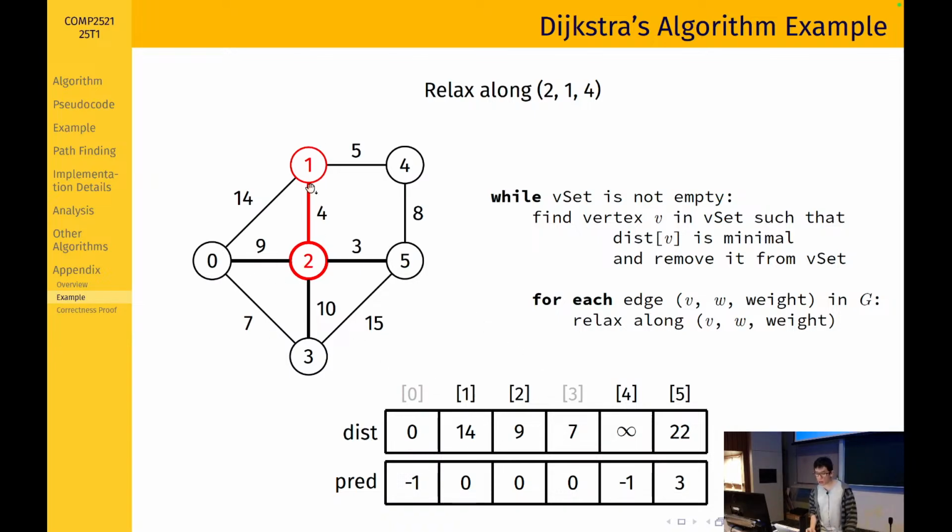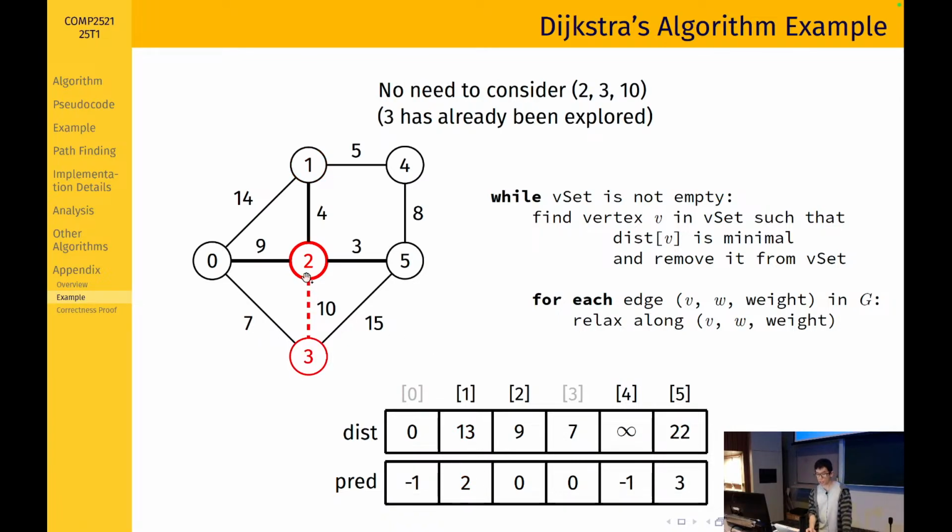This new path costs 13, because the path from 0 to 2 costs 9, and the edge from 2 to 1 costs 4. So the cost of this new path is 13, which is smaller than 14. So what we're going to do is update our distance array to 13 and update the predecessor to 2.